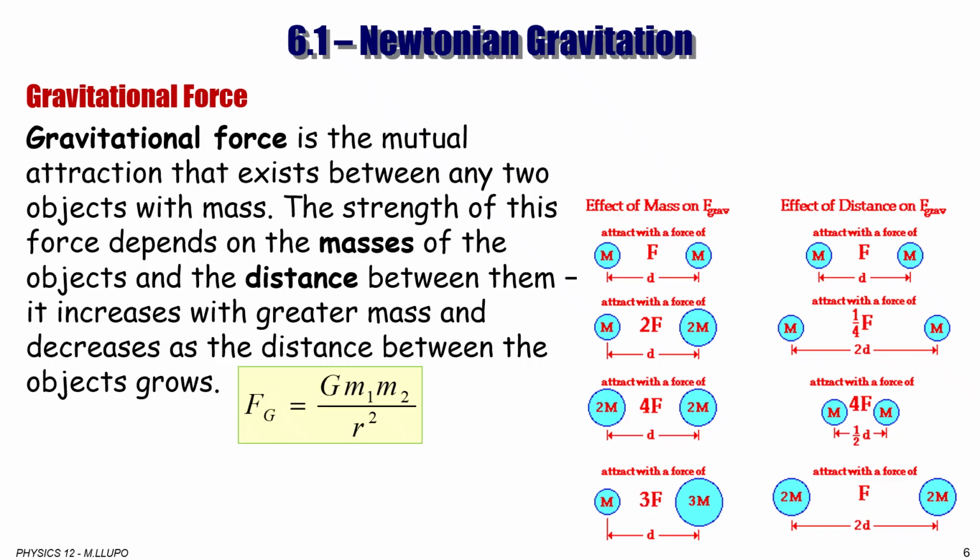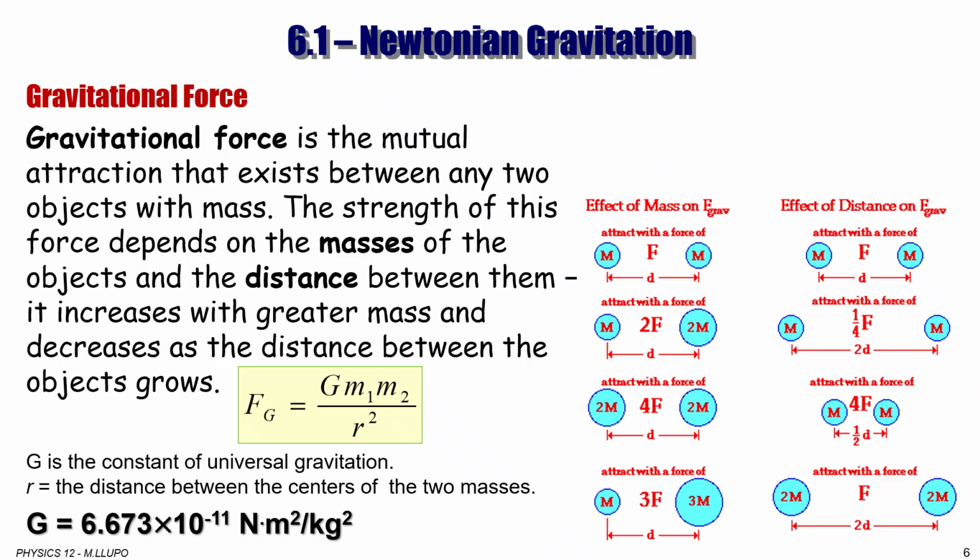So the formula is Fg equals G m1 m2 over r squared, where G is the constant of universal gravitation, which is 6.673 times 10 to the power of negative 11 newton meter squared per kilogram squared. And r is not a radius.